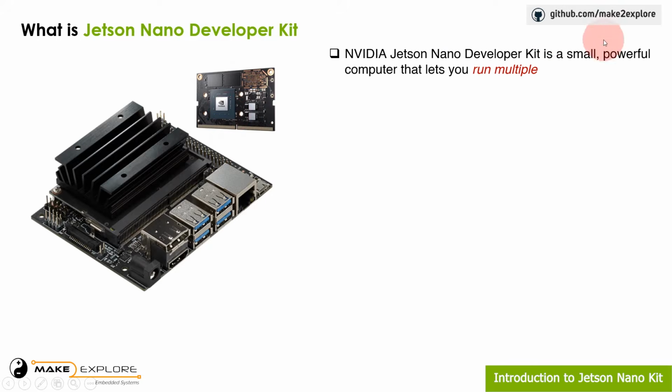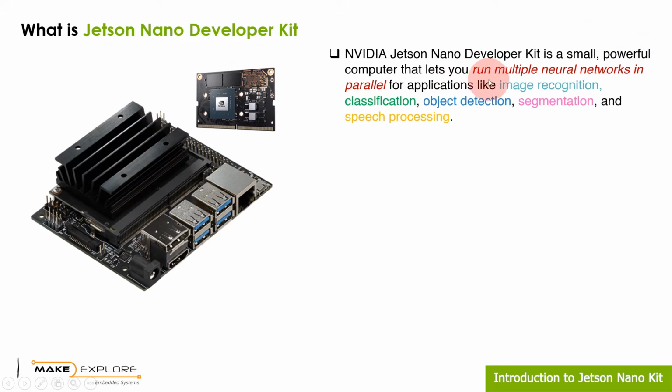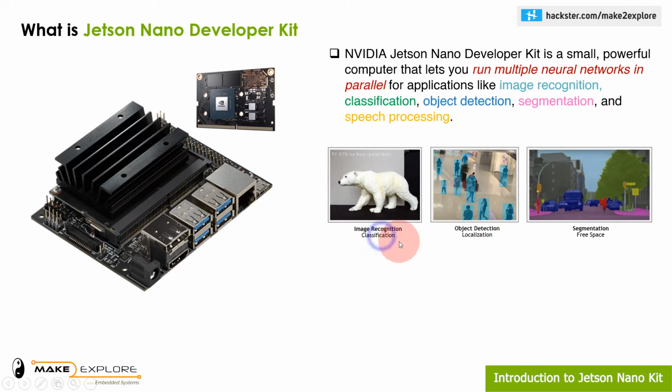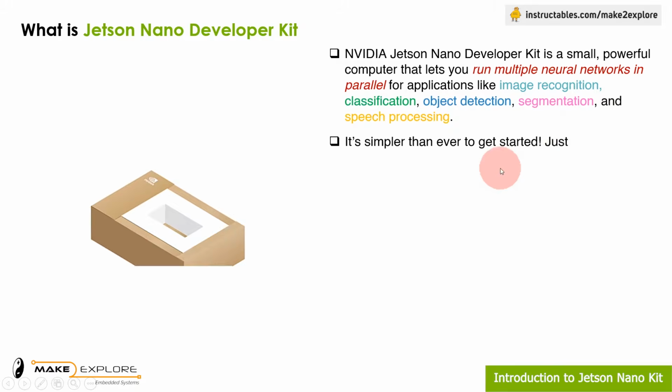This development board is a powerful computer that lets you run multiple neural networks in parallel. Also, it is capable of deploying computer vision and deep learning applications such as image recognition, classification, object detection, localization, and segmentation. It is simple to get started with Jetson Nano.